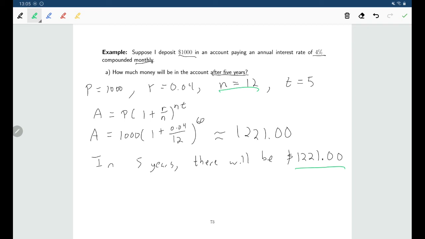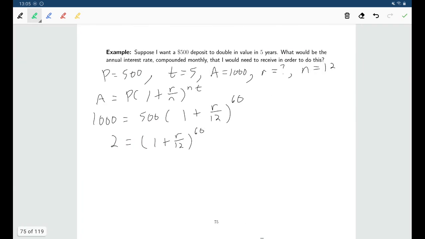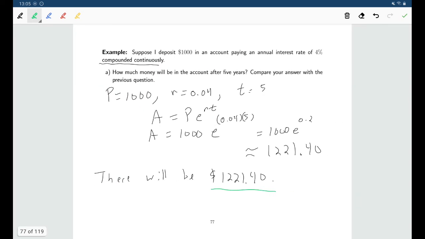So instead of getting interest only 12 times a year, if we increase it so that interest is happening infinitely often, we're only going to get, at the end of it all, an extra 40 cents over those 5 years. So although it might seem that we're going to get an infinite amount of interest if interest is happening infinitely often, as it turns out, there is a limit to how much interest you can receive.